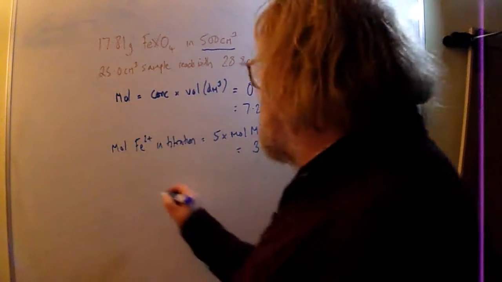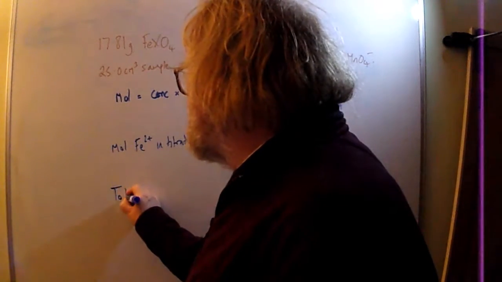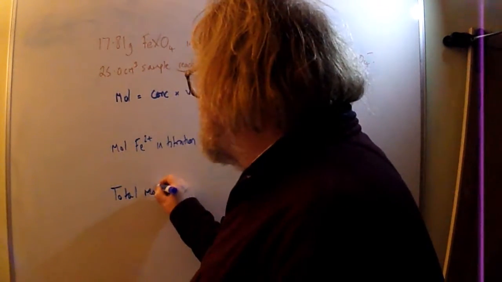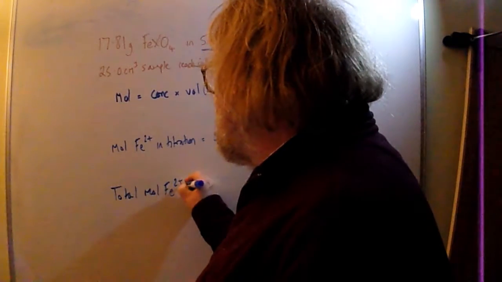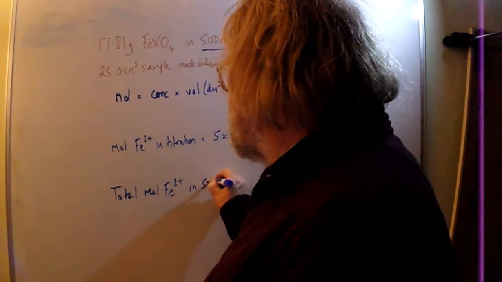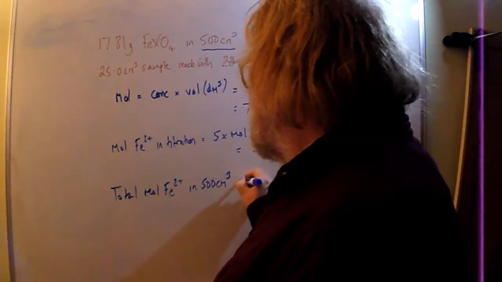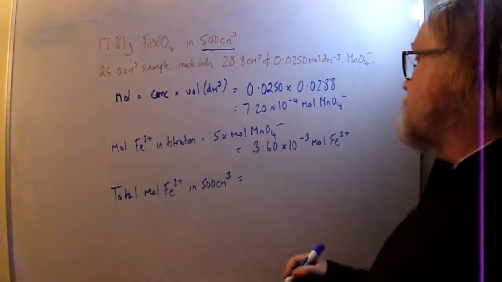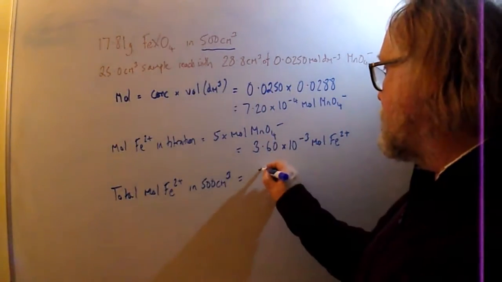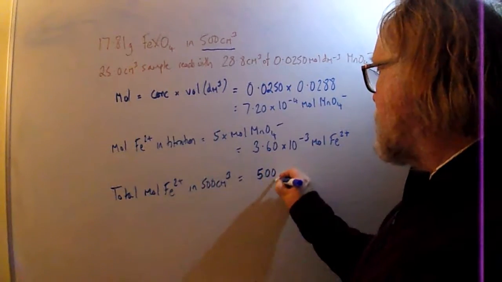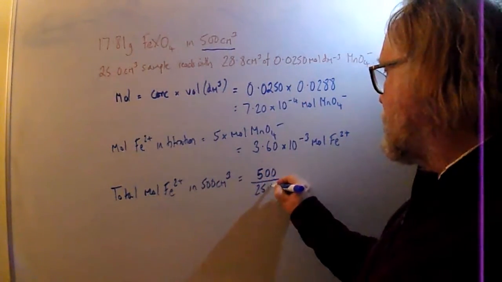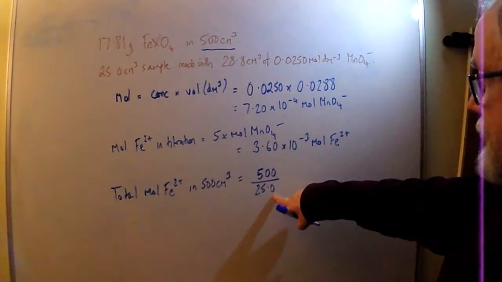So that's what we're going to do now, which is that the total moles of Fe2 plus in 500 cm cubed of solution, and you just multiply by the big volume over the little one. So it's 500 over 25.0, because that was the volume we used in the titration.